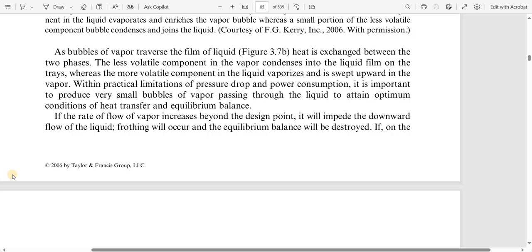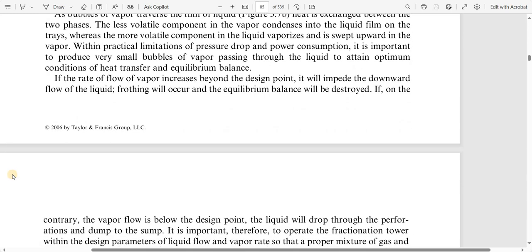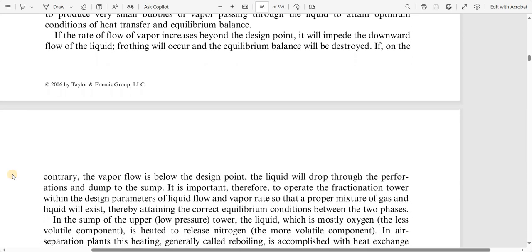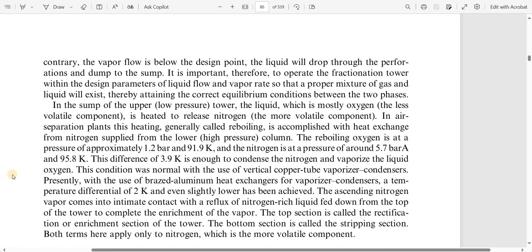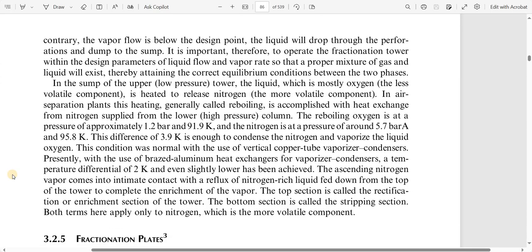If the rate of flow of vapor increases beyond the design point, it will impede the downward flow of liquid, flooding will occur and the equilibrium balance will be destroyed. If, on the contrary, the vapor flow is below the design point, the liquid will drop through the perforations and dump to the sump.